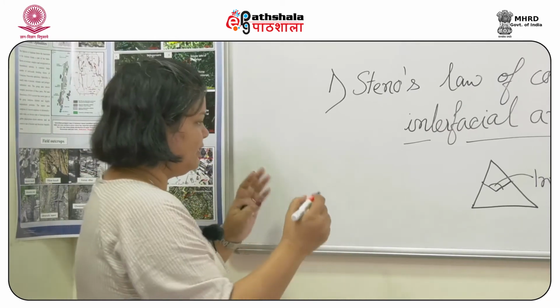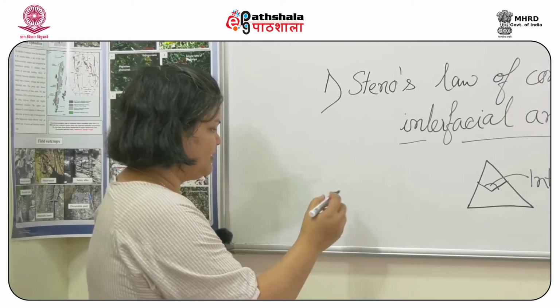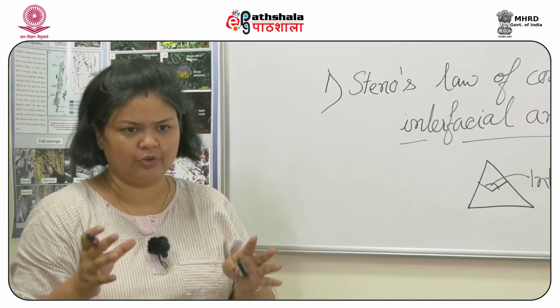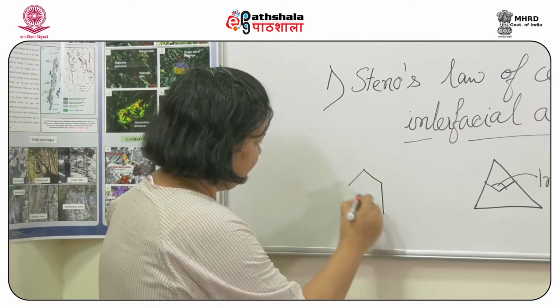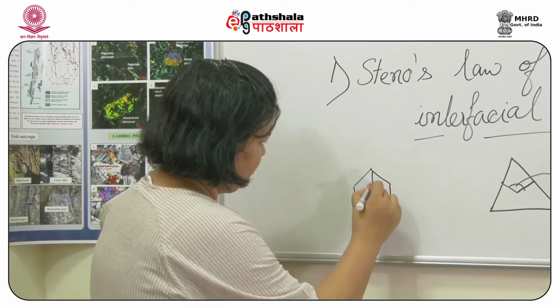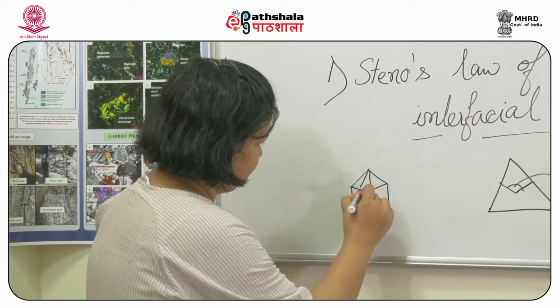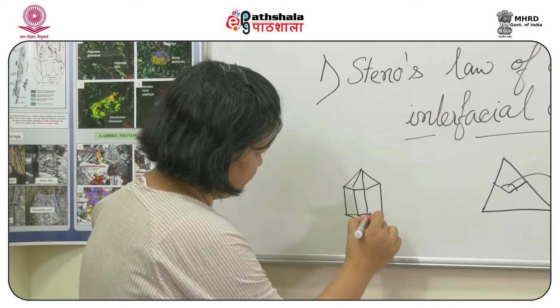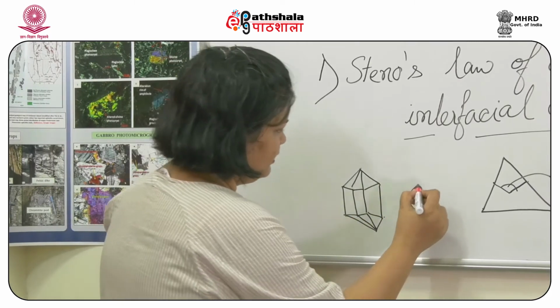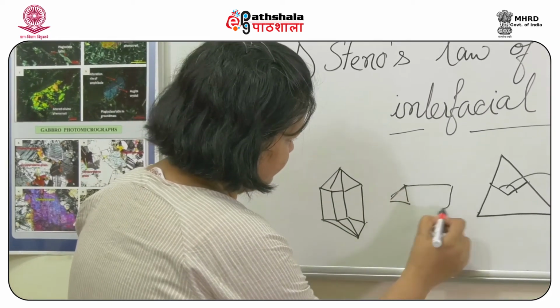So, for instance, if I have a quartz crystal which is manifesting two different geometric forms, one is something like this, and say the other one is something like this.